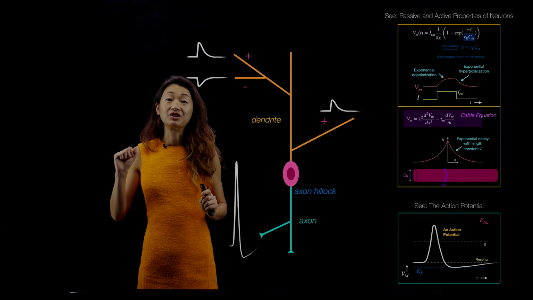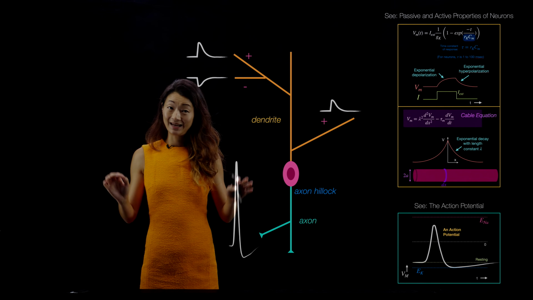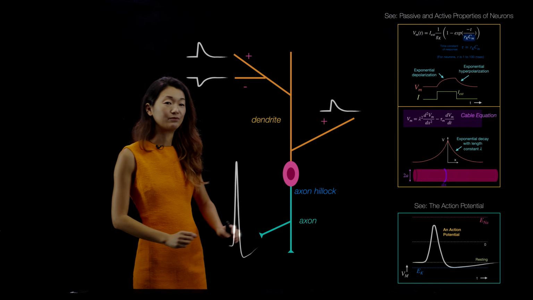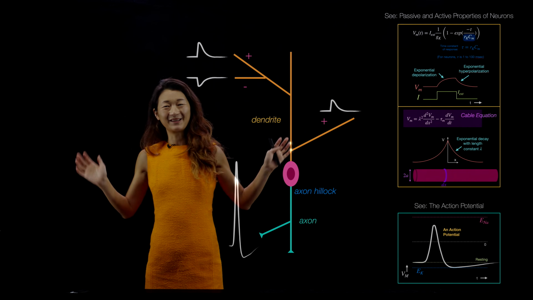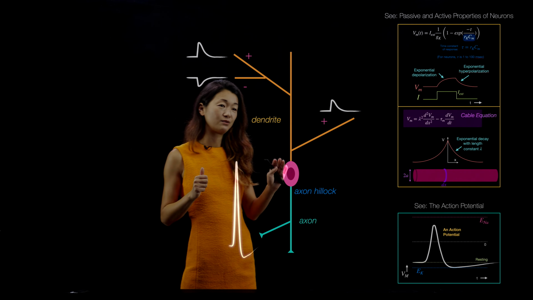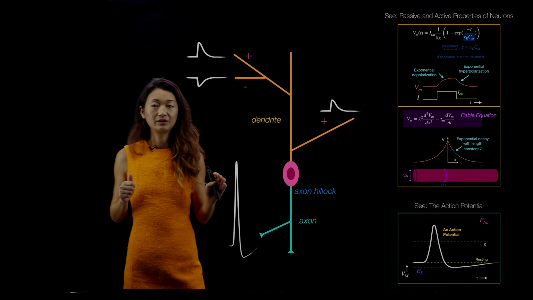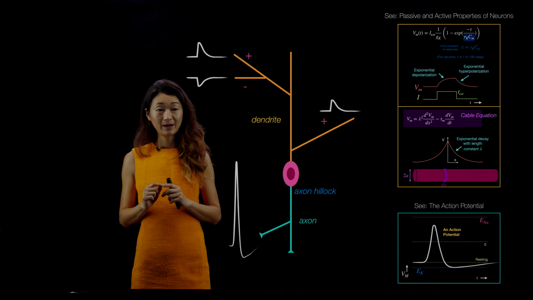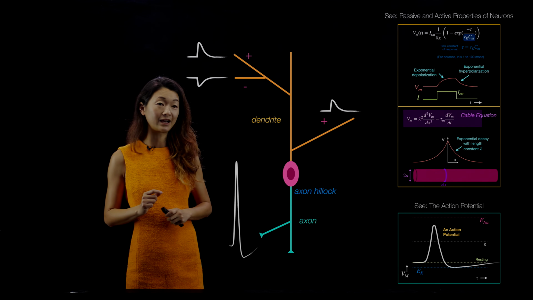Once an action potential is generated, it maintains its shape and passes as a wave all the way down the axon and reaches other parts of wherever the cell is trying to talk to. Okay, so that's cool. And if you want to review the details of exactly how an action potential is generated as well as regenerated as a self-reinforcing set of feedback loops, please see the video on the action potential.